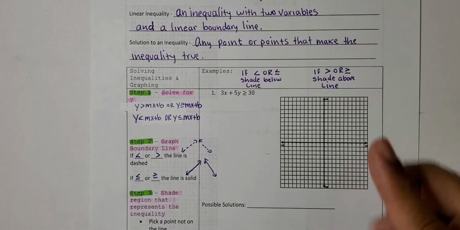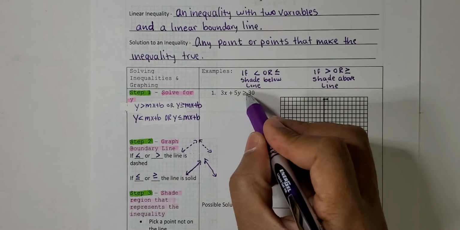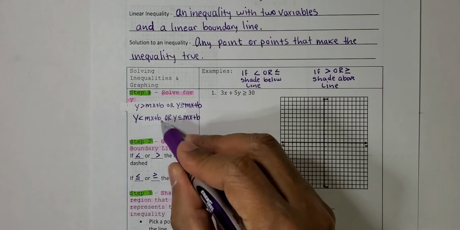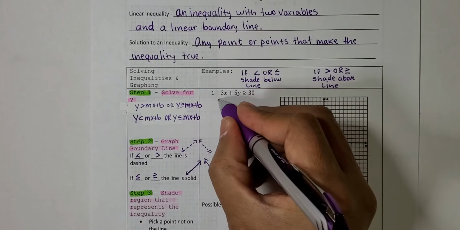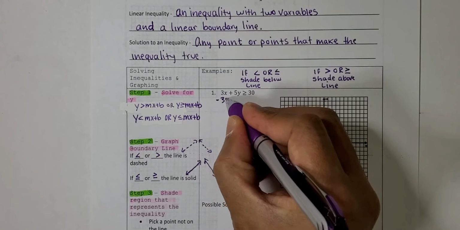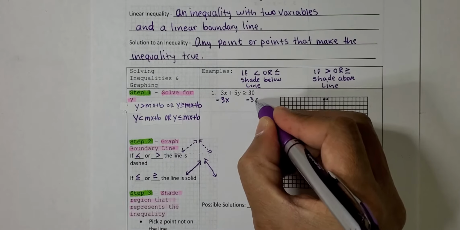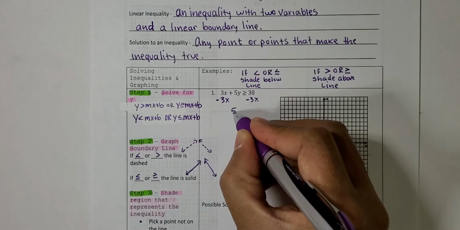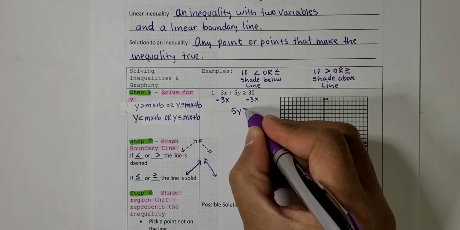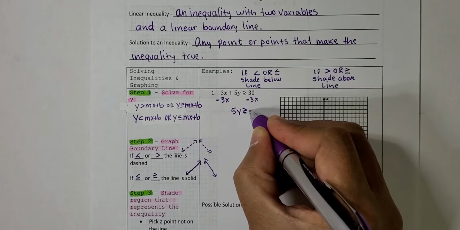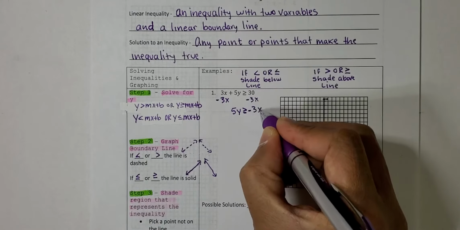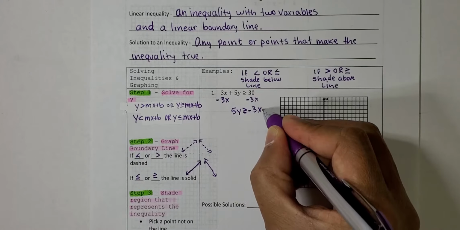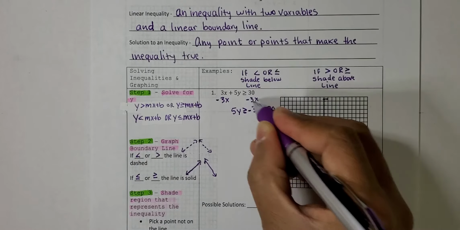In this example, I see that this inequality is not in either one of these forms. So what I need to do is subtract these 3x's from the left and also from the right. Then I have the 5y by itself, greater than or equal to. I'm going to bring the 3x's to the front, and notice that now they're negative, and then I have a 30 with it.